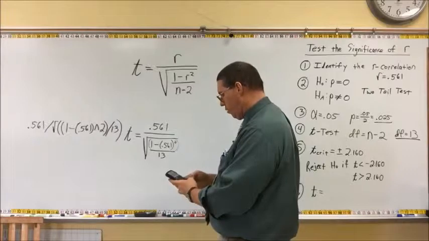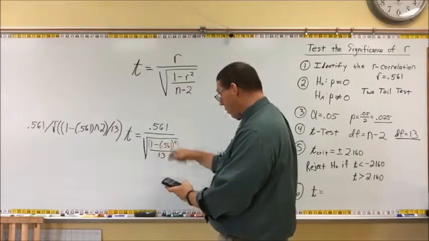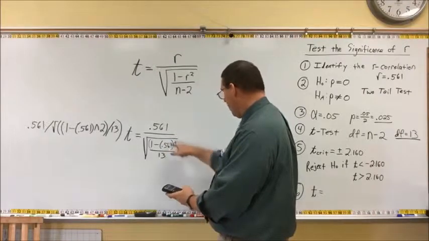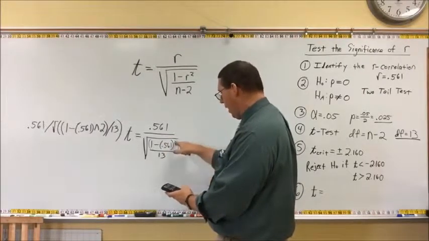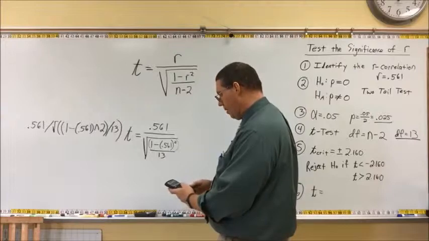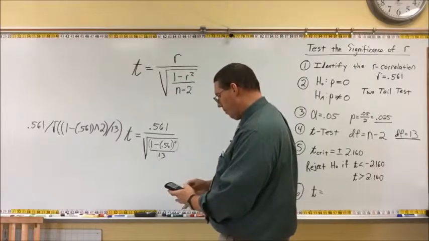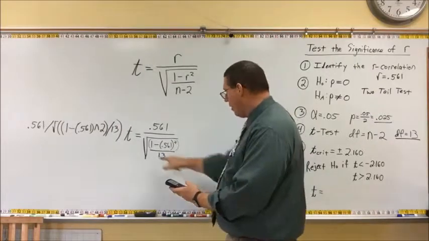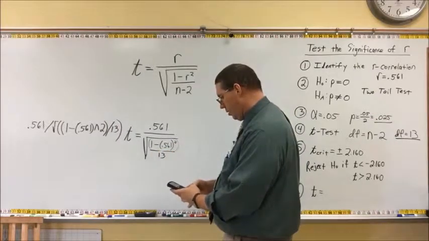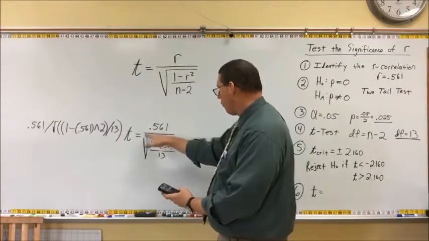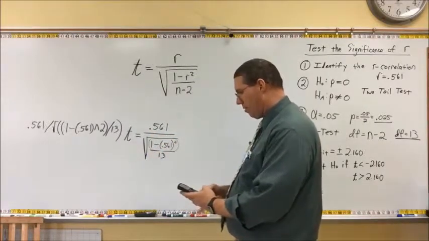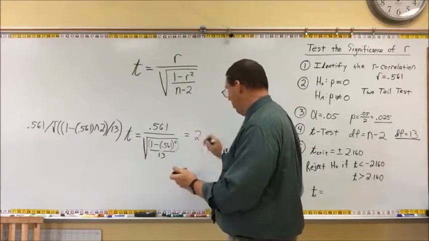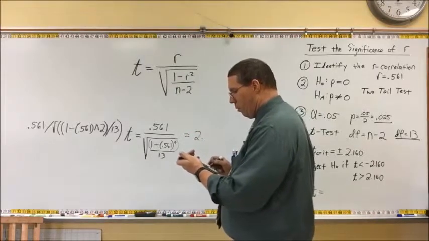So a new parenthesis, 1 minus, then an open parenthesis 0.561, close parenthesis, and then I've got a squared button. So I'm going to hit the squared button. Then I'm going to close the parenthesis on the 1 minus 0.561 squared. Then divide by 13. Then I'm going to close the overall radical parentheses. And I press enter. And I get, in this case, 2.443.